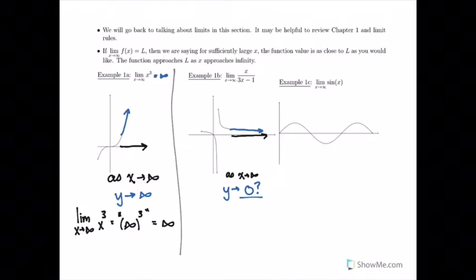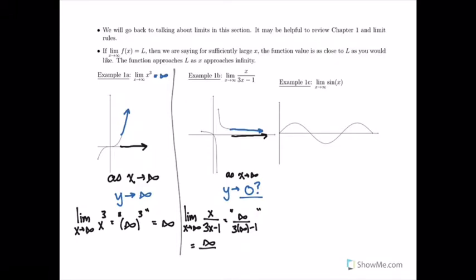We can also think about algebraically what would happen if I plug in infinity here. So if I have the limit of x over 3x minus 1, plugging in infinity, we have infinity over 3 times infinity minus 1, and this will give us infinity over infinity, which we've talked about before is an indeterminate form.